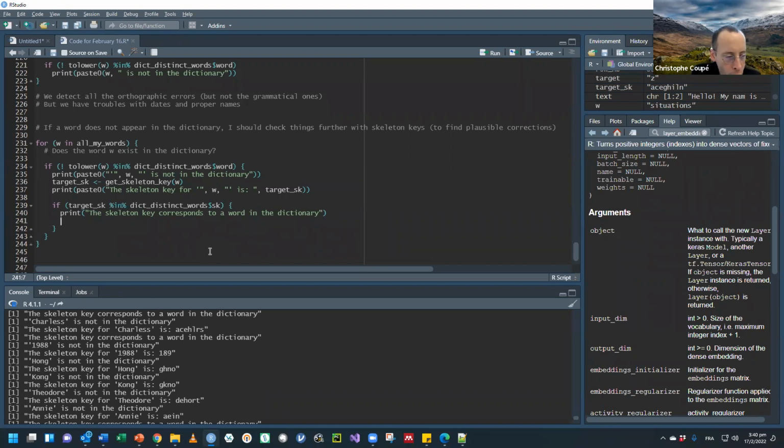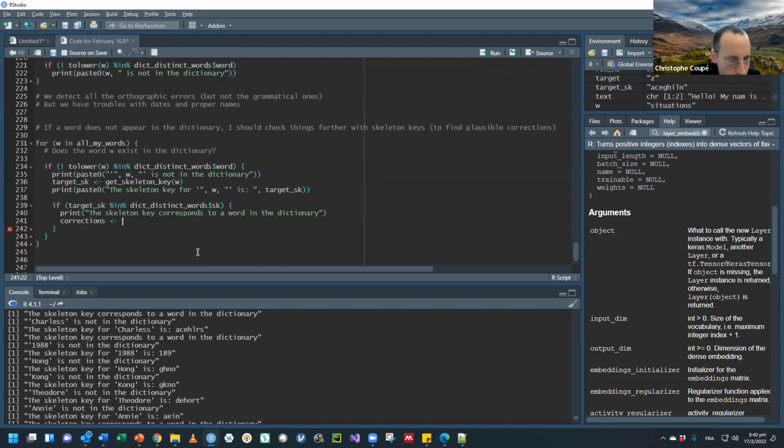But if I have more than one, I need the brackets to say, okay, if it's like this, then do all these instructions. So I'm going to say, okay, I want something that I will call corrections. And in corrections, I want to extract all the words which have the same skeleton key as my target skeleton key.